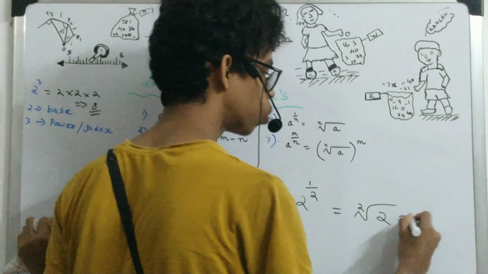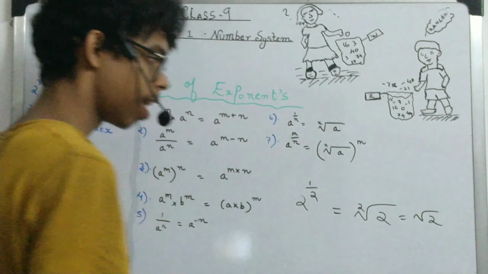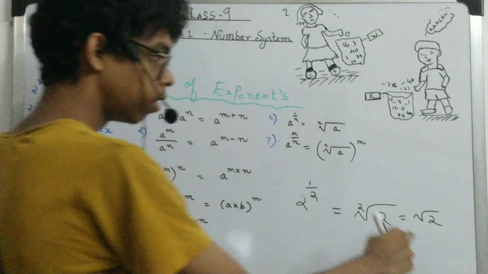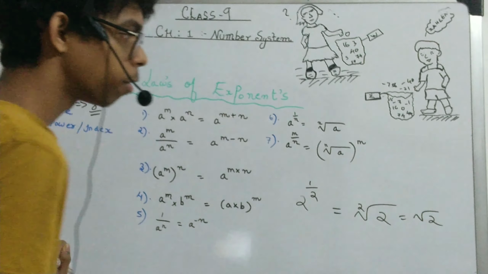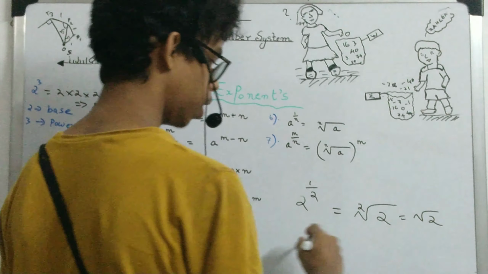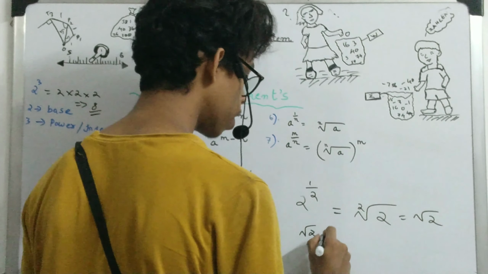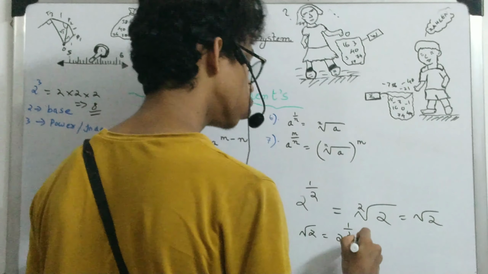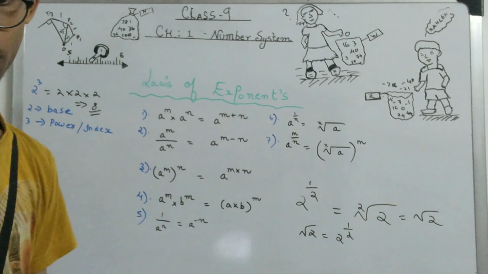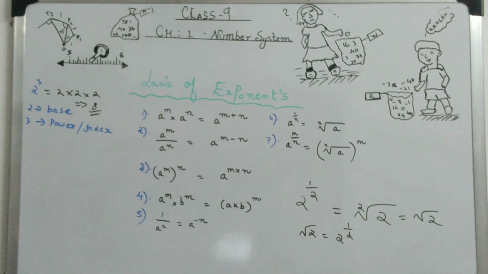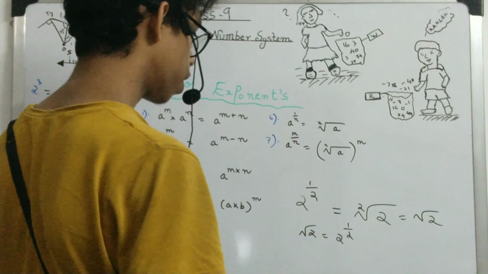And we know square root of 2 is an imperfect surd. So you should know that we can write this square root of 2 also as 2 raised to 1 by 2. I hope it is clear. That is a raised to 1 by n is equal to nth root of a.